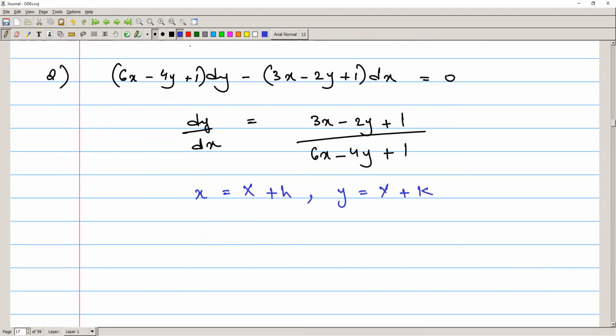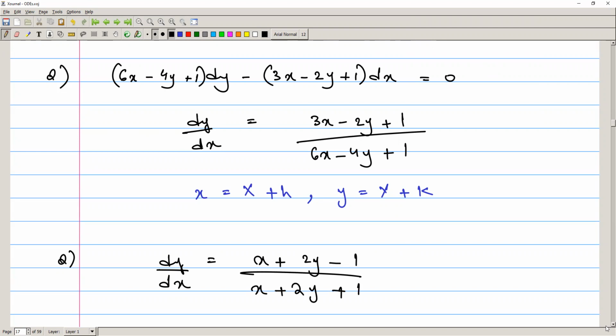But what I need to tell here is about a problem of a different kind. Let's say we are given the problem dy over dx is equals to (x plus 2y minus 1) over (x plus 2y plus 1).